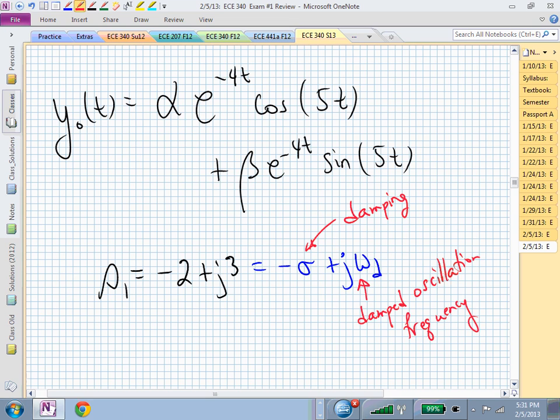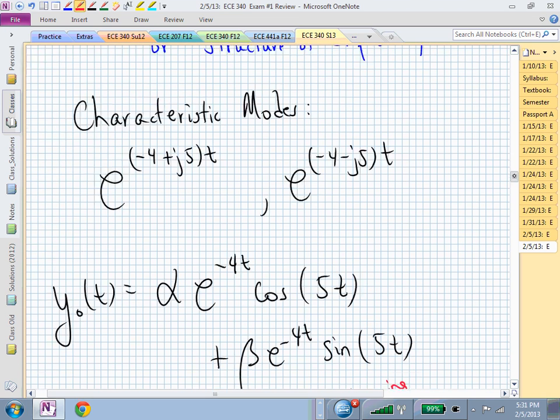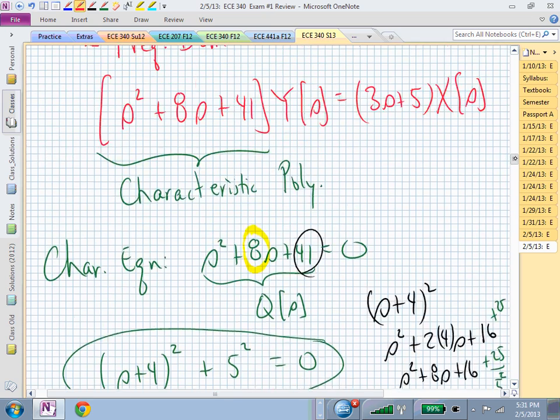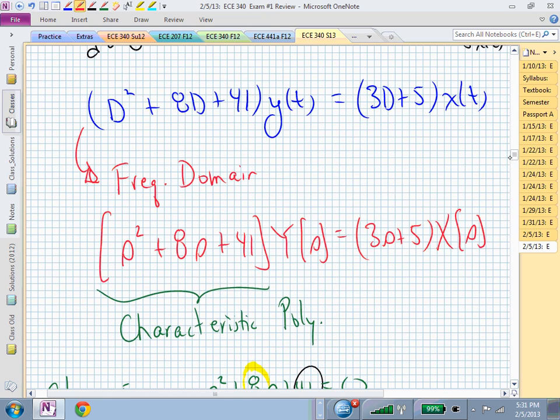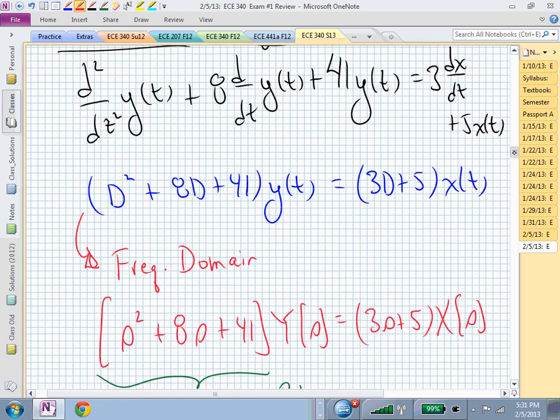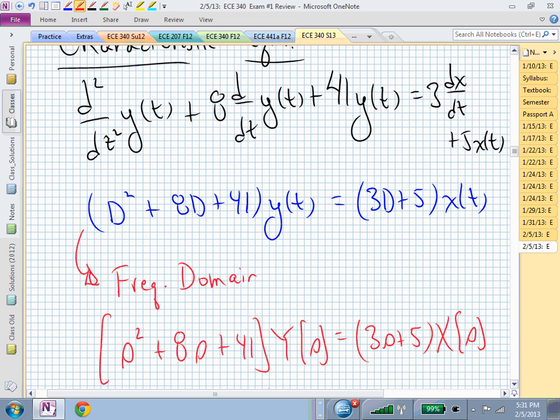On the right side of the equation, there was a 3s plus 5. Oh, way back here. So now here is a 3s plus 5.